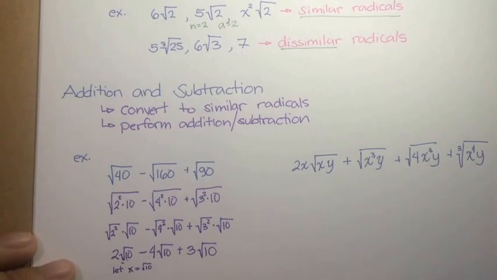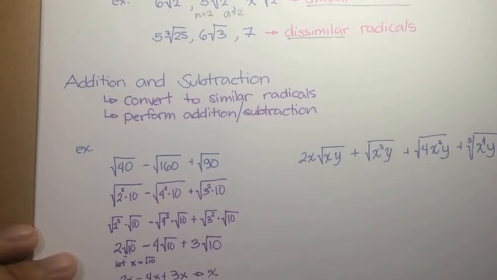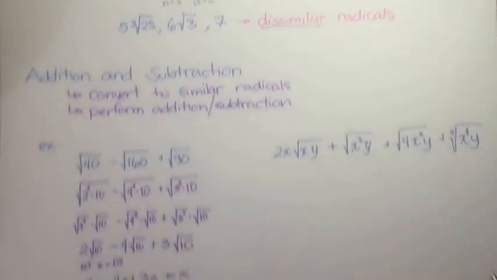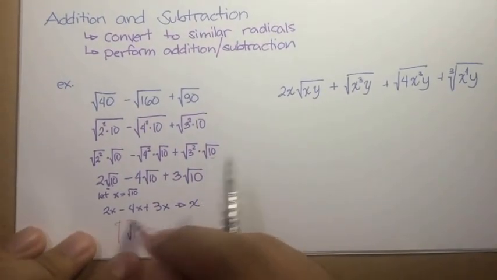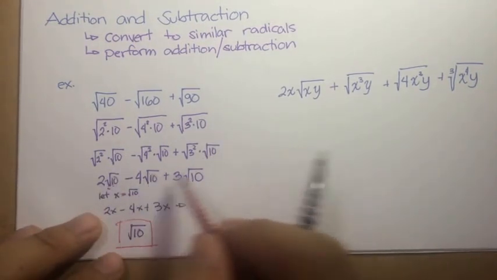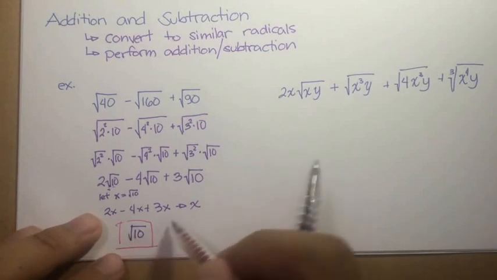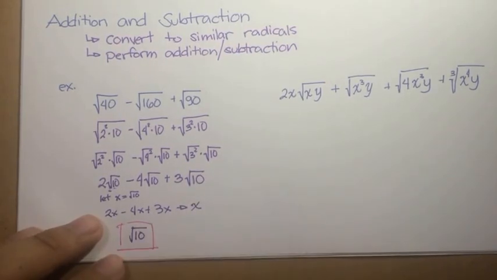This can be rewritten as 2x minus 4x plus 3x, which simplifies to x. And x is square root of 10, so the answer is square root of 10. We simply add the coefficients of the similar radicals. 2 minus 4 plus 3 is equal to 1. 1 times the square root of 10 is equal to square root of 10.